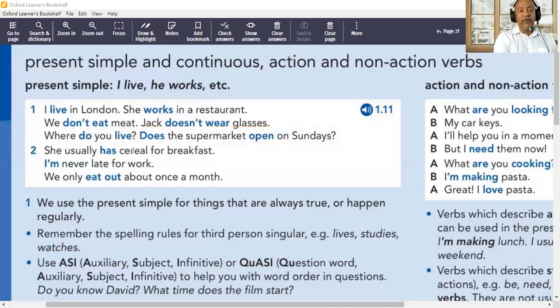Well, there are a few other things I want to mention about the present simple, because it's a big review, right? It is the order of the adverbs of frequency. So you can see here, usually, always, hardly ever, never, these adverbs come before the verb, okay?